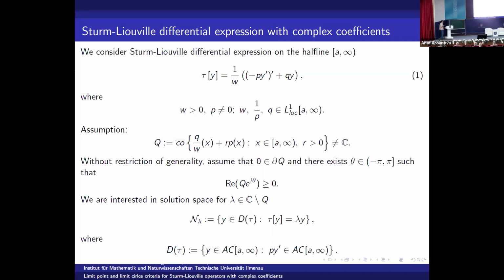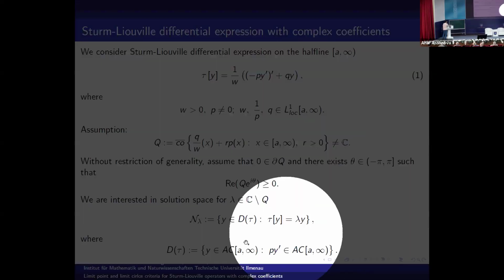Then there exists an angle such that we can rotate our convex set Q so that the image of this rotation lies in the closed right semi-plane. This is expressed by this condition.